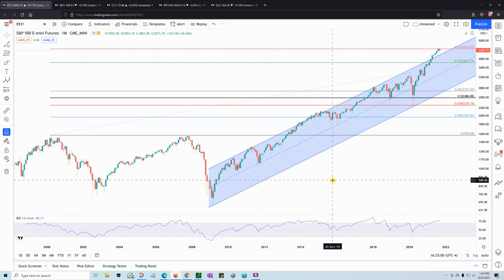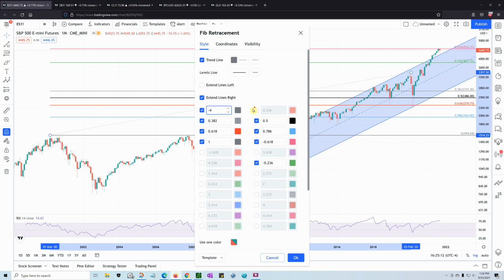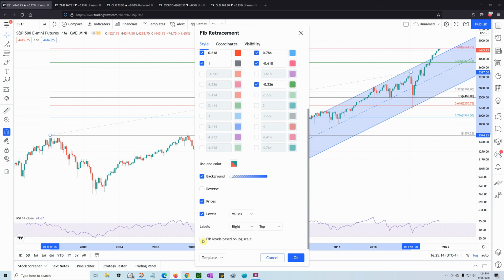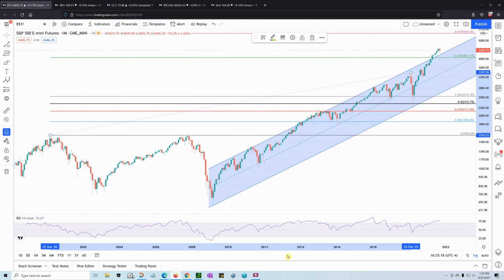They're messy. They don't really work. But when you draw channels on a log chart, everything snaps into focus. And so TradingView has a feature that Thinkorswim does not, which is drawing fib levels based on log scale. And so I'm going to do that.